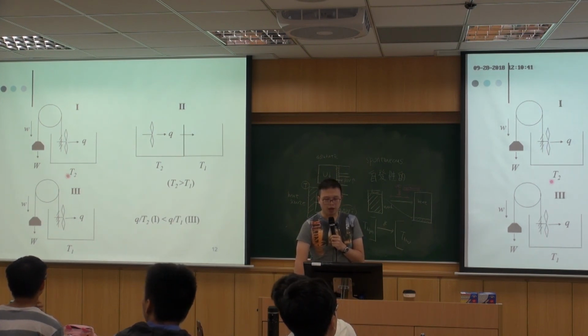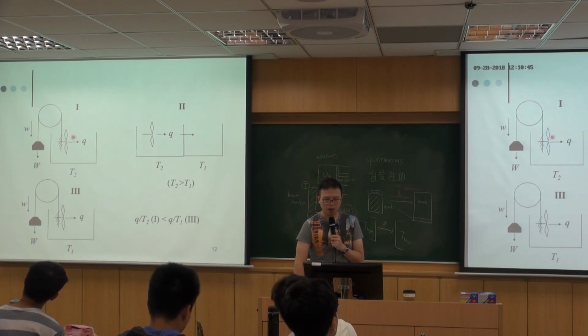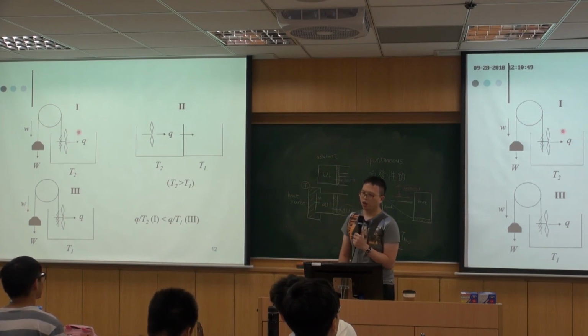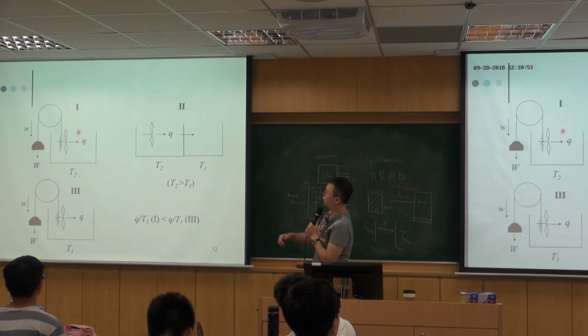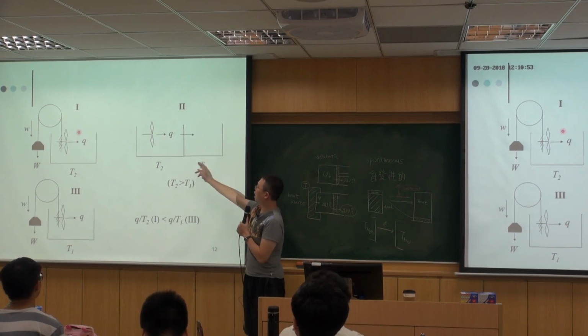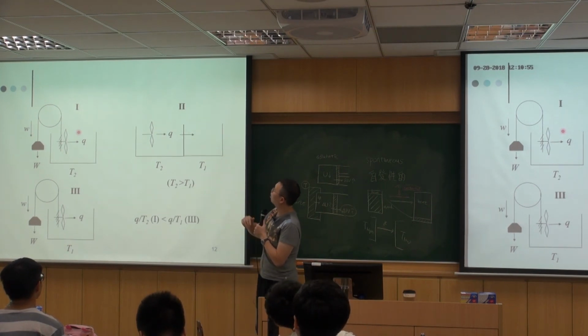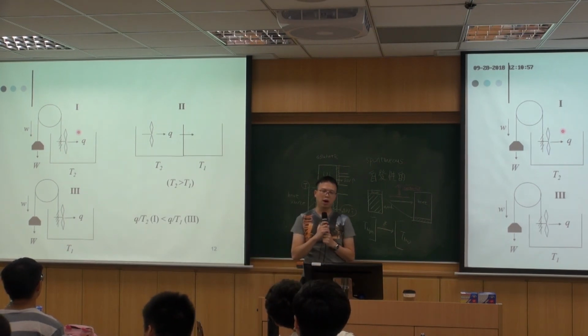And it can be divided into two processes. The heat is dumped into a reservoir at a higher temperature, T2, and later on, this heat reservoir is in contact with another heat reservoir at a lower temperature, T1.